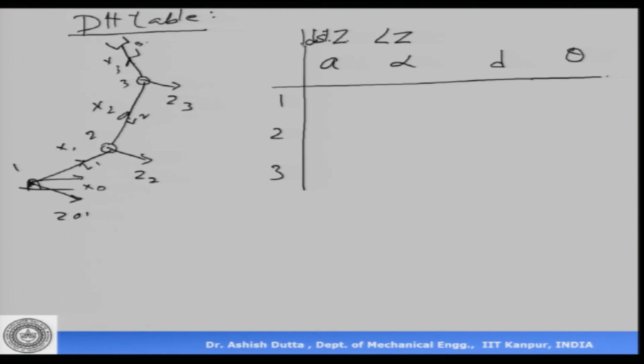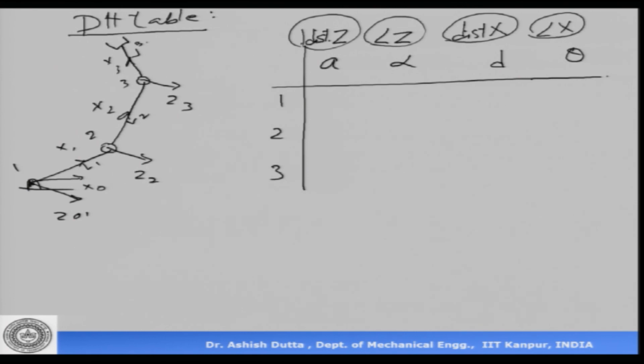Distance between z axis is A, the angle between z axis is alpha, distance between x axis is D, and angle between x axis is theta. So, you can very quickly write on top that this is distance between z, this is angle between z, this is distance between x and this is angle between x, and they correspond to the corresponding DH parameters. So, here how do we proceed?